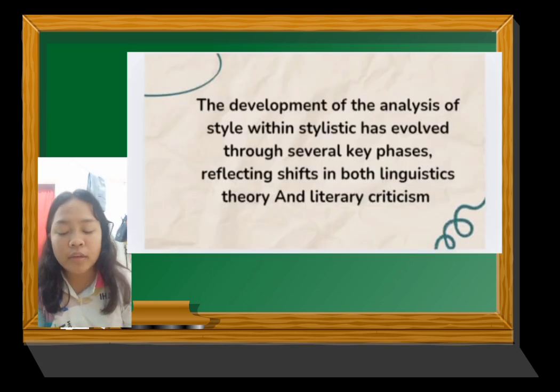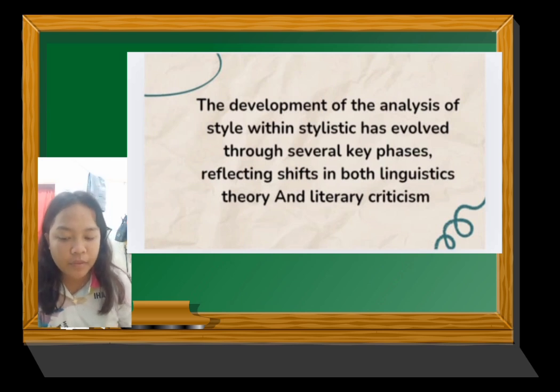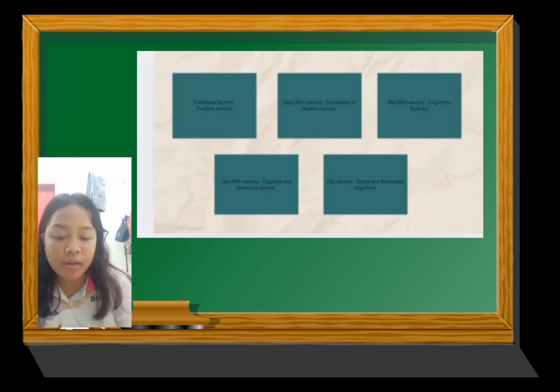So, the development of the analysis of styles within stylistics has evolved through several key phases, reflecting shifts in both linguistic theory and literary criticism. First we have traditional stylistics during the pre-20th century.